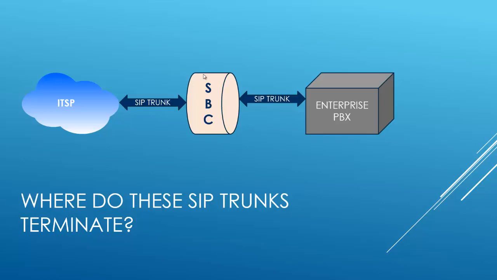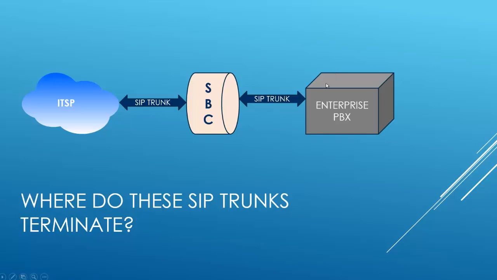All right. So in our case, the SBC is our Cisco Unified Border Element. Now this SBC is connected to the service provider using this SIP trunk. So this is the termination point or the demarcation point for terminating the SIP trunk from the service provider.